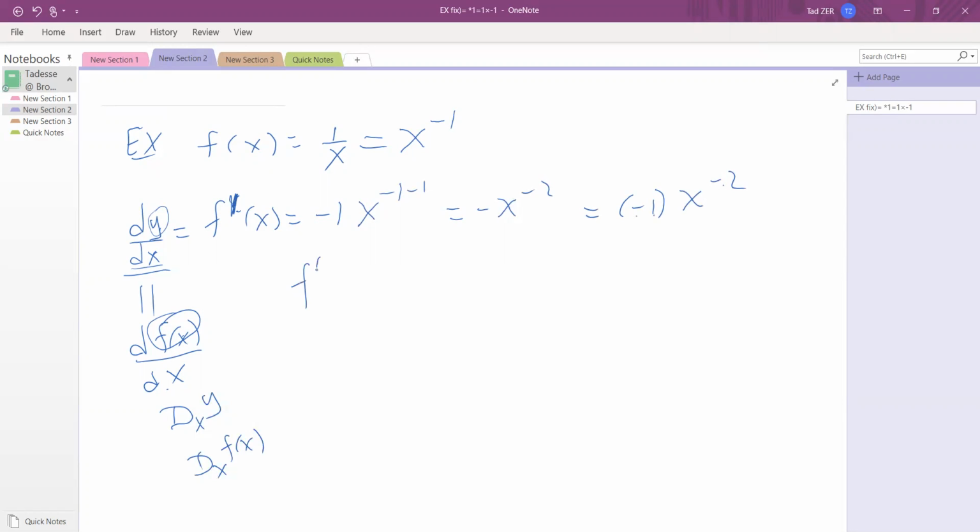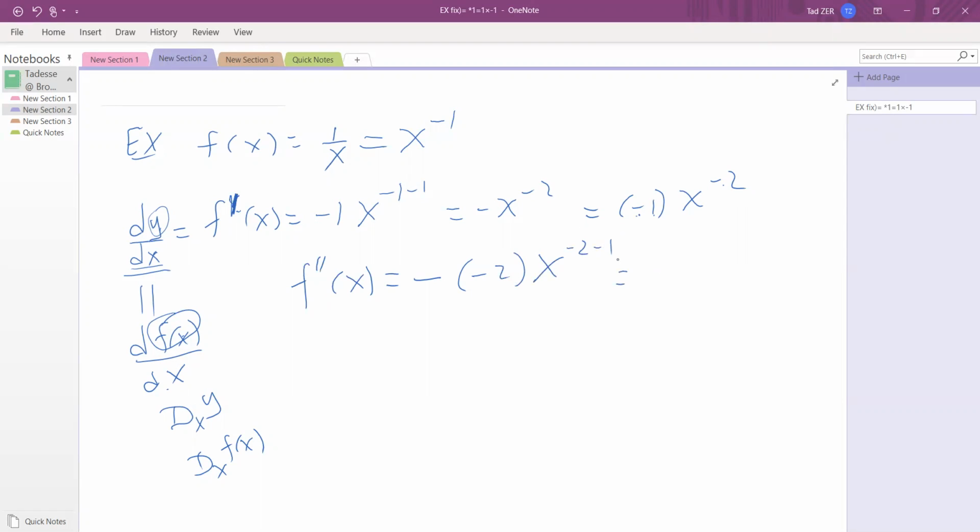Let's see the second derivative. This is called a higher derivative. Second derivative means the derivative of the first derivative. There's nothing special. Okay, let's do that. Now, for -1 times x to the power of -2, the derivative becomes, keeping the -1, -2 x to the power of -3.